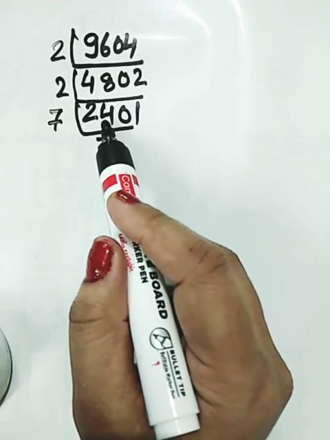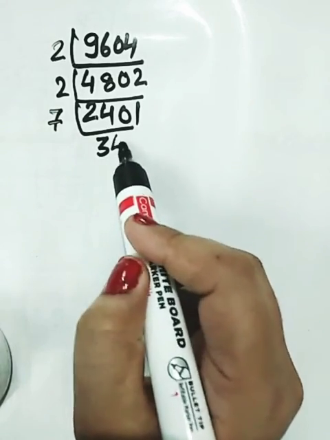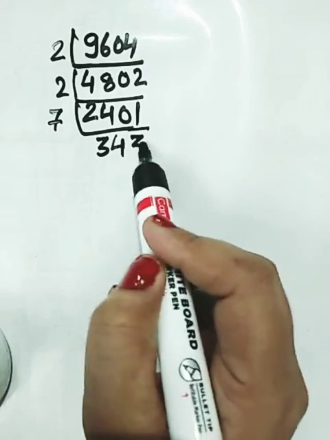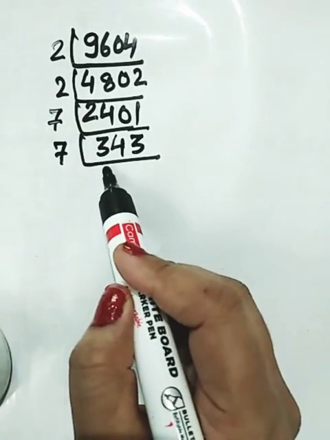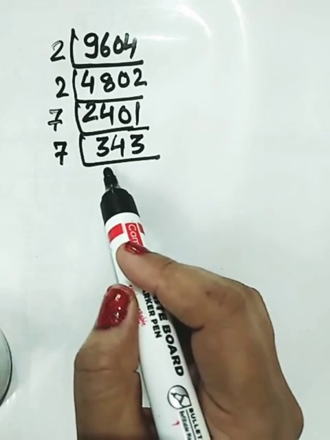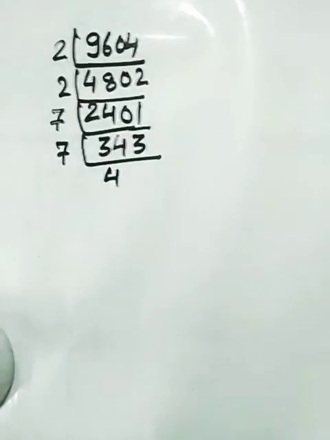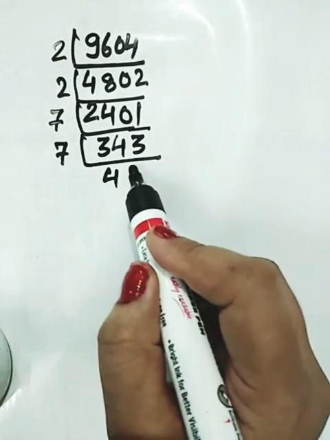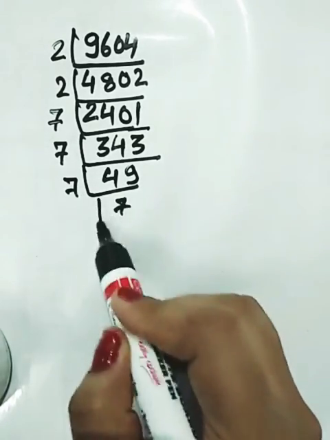Then 4 minus 1 is 3, 30. 7 4s are 28. Then again 2 remainder. 7 3s are 21. Again with 7 times. 7 5s are 35, so it will go with 7 4s are 28. Remainder is 6, 63 now. 7 9s are 63.